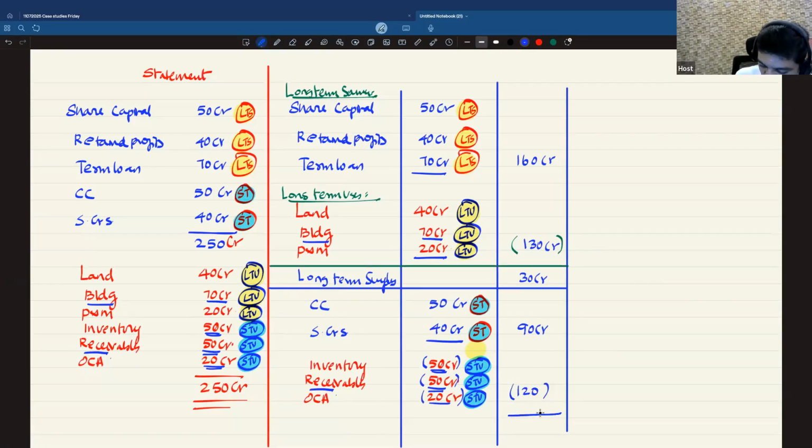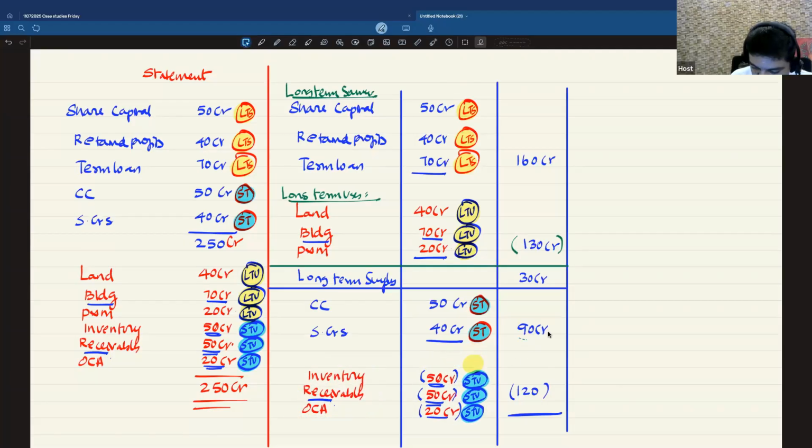It means on the short-term front, do they have a surplus or deficit? Please tell me. On the short-term front, they have a deficit. Now, for a fair presentation, I'll just bring this 90 crore over here. You will understand why I have done that.